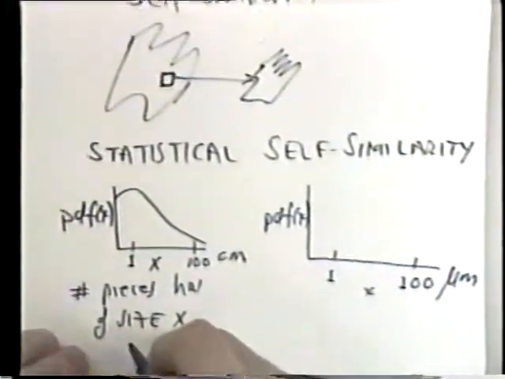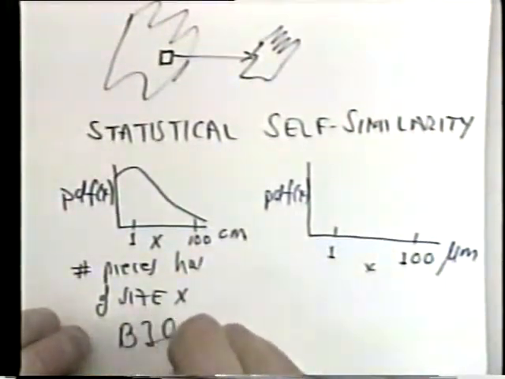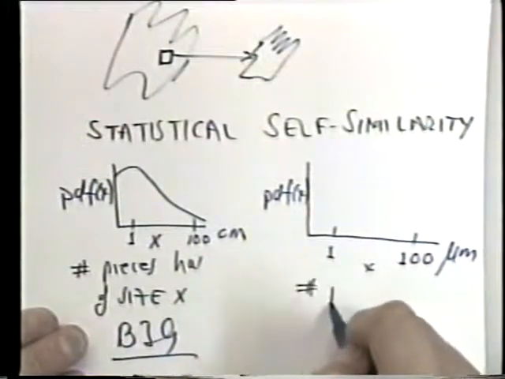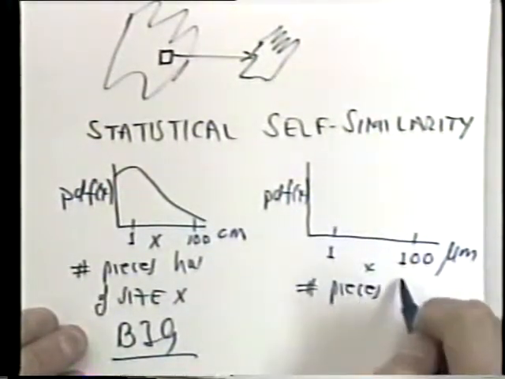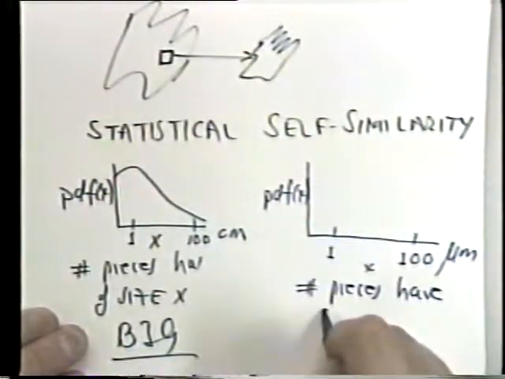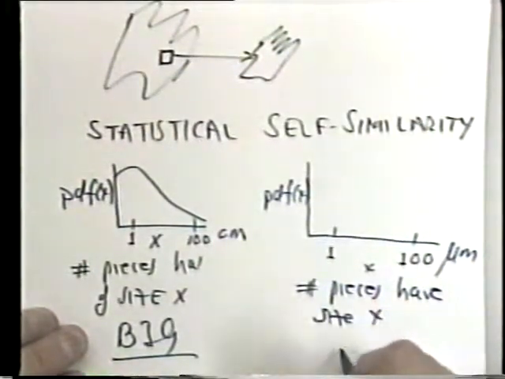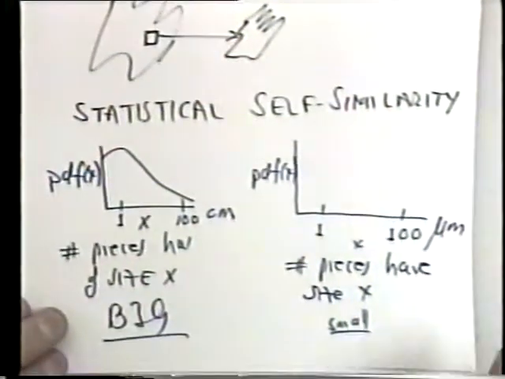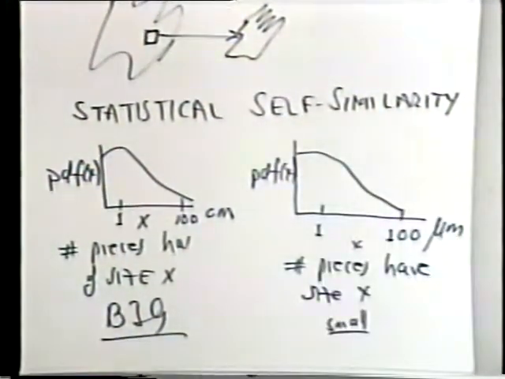So this is the distribution of the big pieces, and this is the number of pieces that have size x for the small pieces. These two distribution functions are similar in shape, and that's the definition of statistical self-similarity.